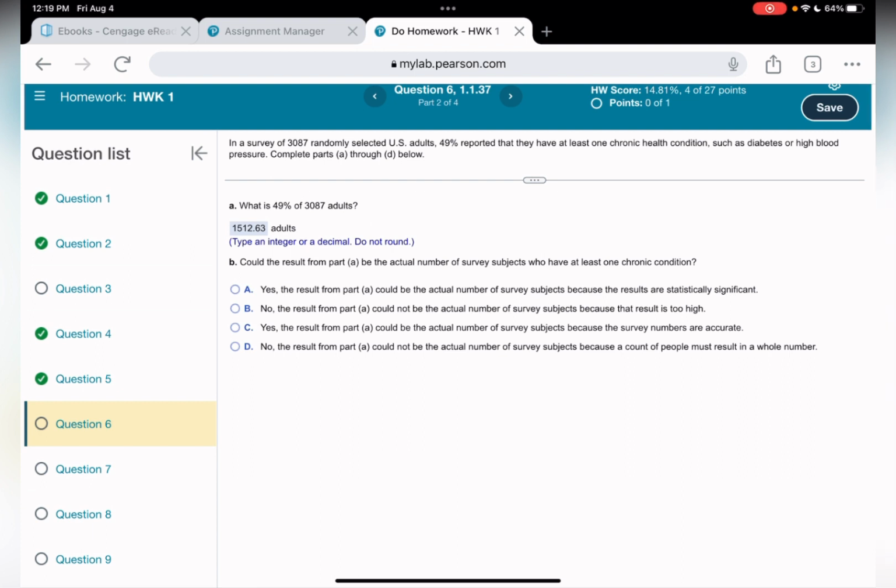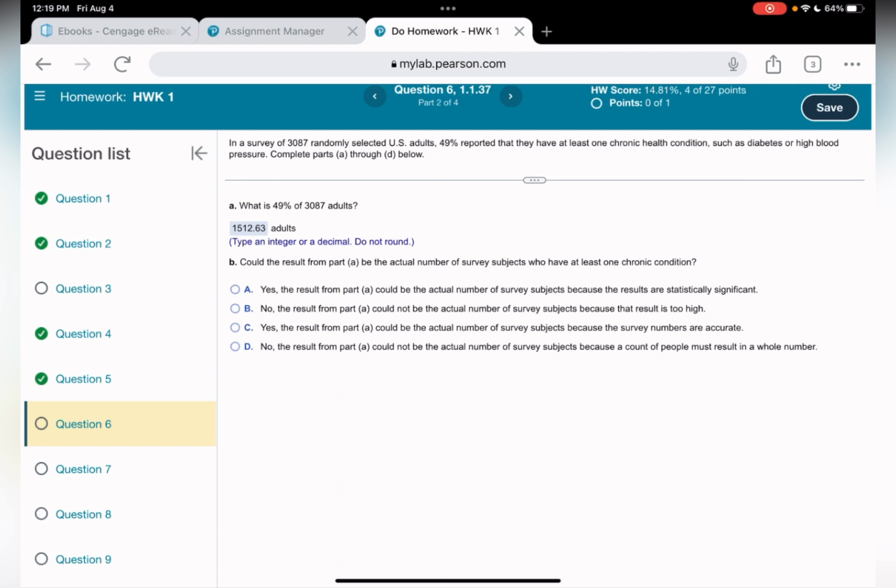Okay, so now let's read the next question. Could the result from part A be the actual number of survey subjects who have at least one condition? I would say no, because in statistics there is always a high chance to be biased, or since they only tested 3,000 people they questioned, but our entire population is all people in the United States.